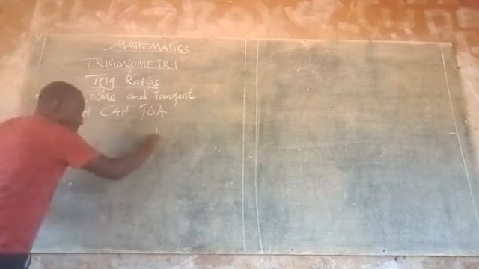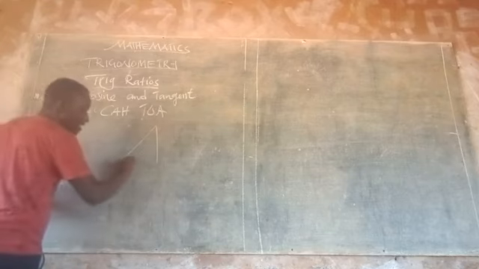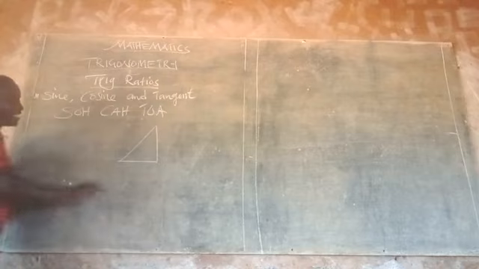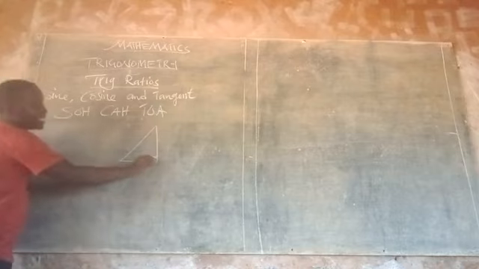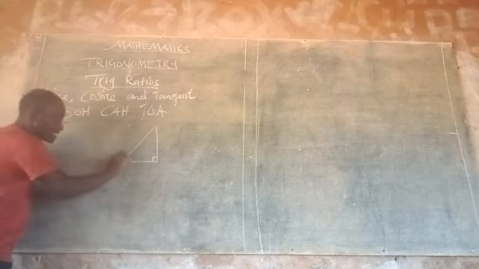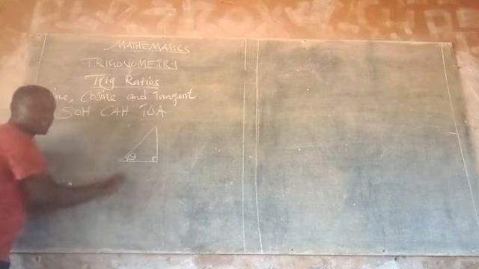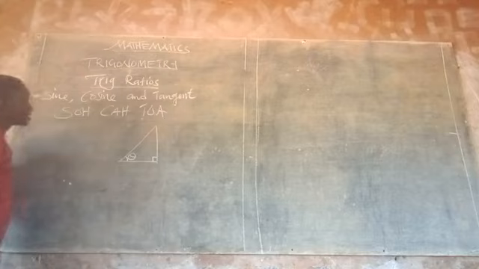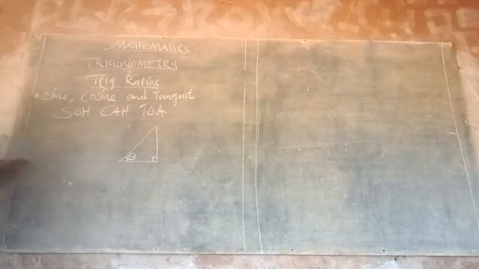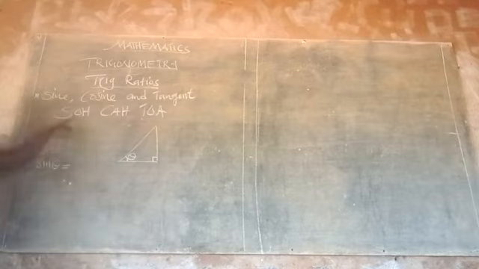Let's say I have my right triangle here, and let this be my right angle, and this be my angle theta. If I'm to use sine, then I know that sine theta is equal to O, which is opposite.